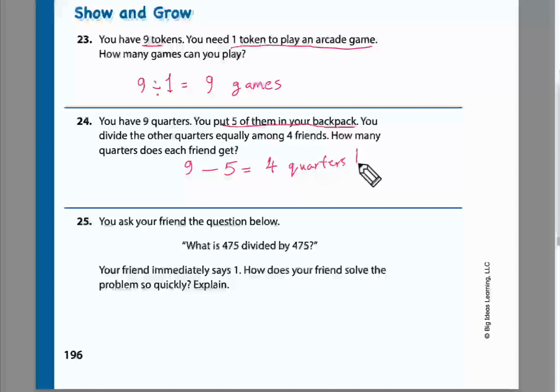So we share only 4 quarters. That's why it's 4 divided by 4, and 4 divided by 4 equals 1. So each friend gets 1 quarter.